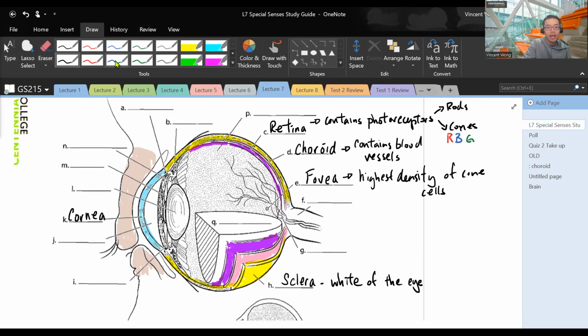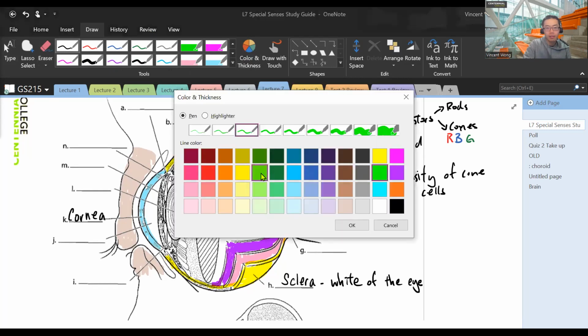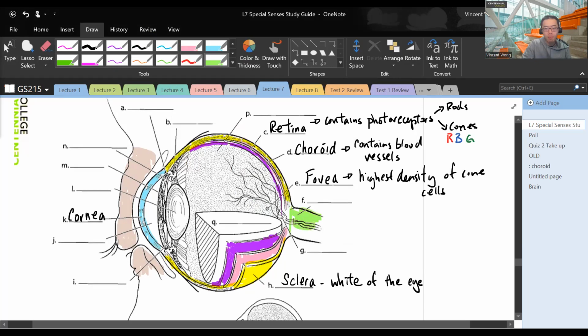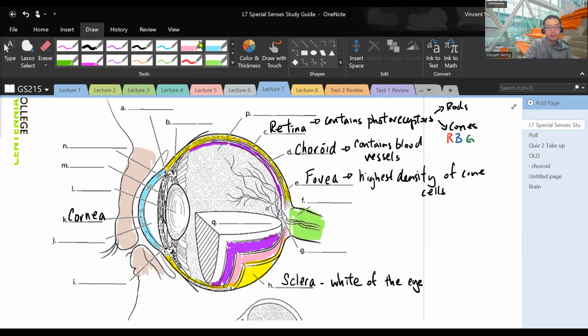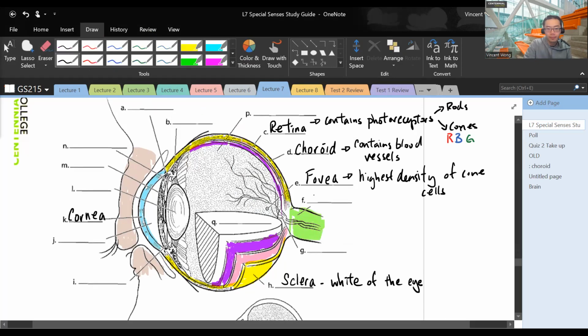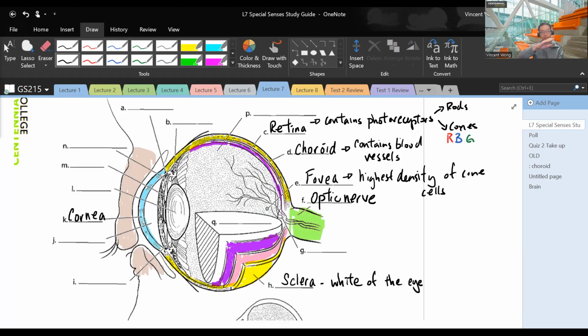Next, we have this thing, which is the optic nerve. Each eyeball has its own optic nerve, right optic nerve and left optic nerve.